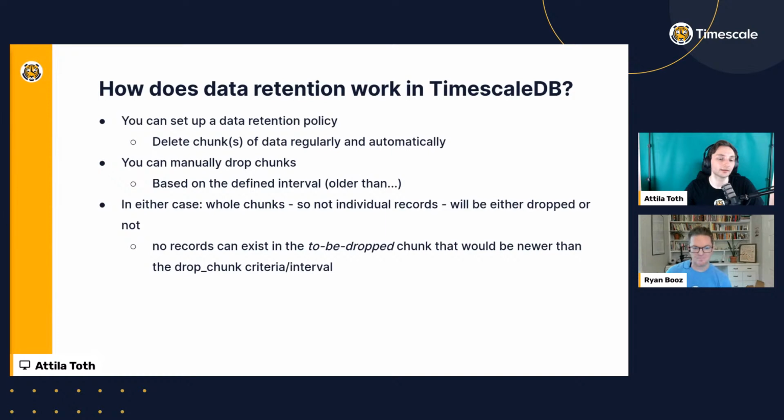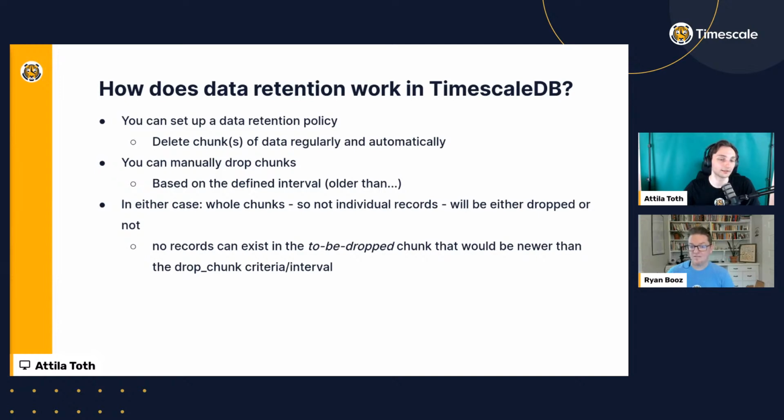And also, I think something that comes up sometimes in the Slack community is that the user defines this interval, and then they can still find individual rows that are newer than the defined interval, and they don't understand why that is.